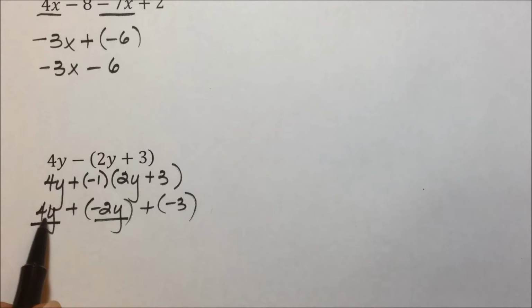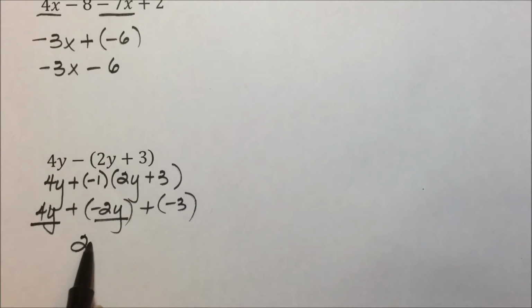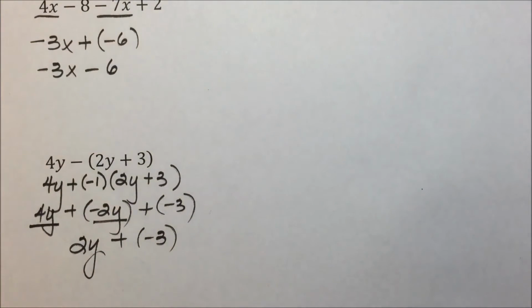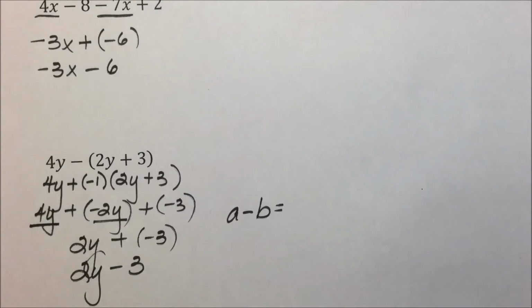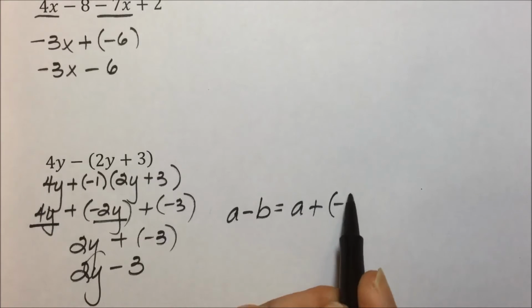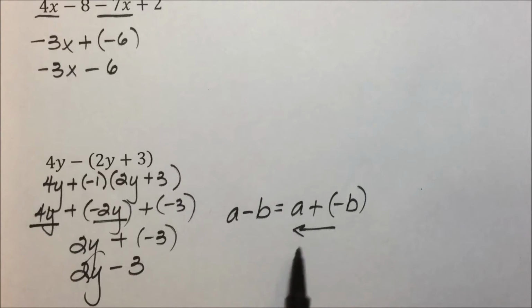Combining their coefficients, 4 plus a negative 2 leaves a 2y, and nothing to combine with our constant term, leaving it as plus the quantity negative 3, or replacing the plus a minus with simply a minus 3 using the rule of subtraction, which says if you have a quantity a minus b, it's the same as a plus negative b. And all I did was go in this direction. I have a plus a negative, which is the same as 2y minus 3. Both of these are equivalent.